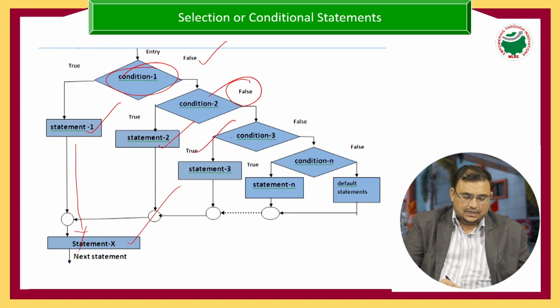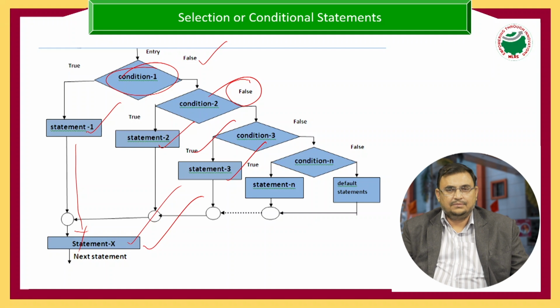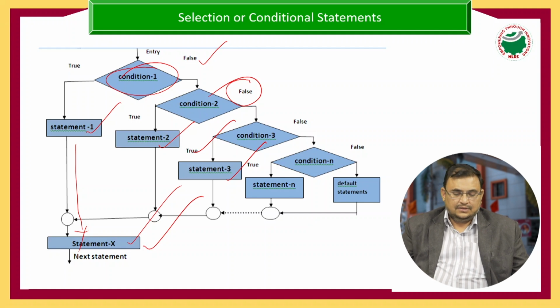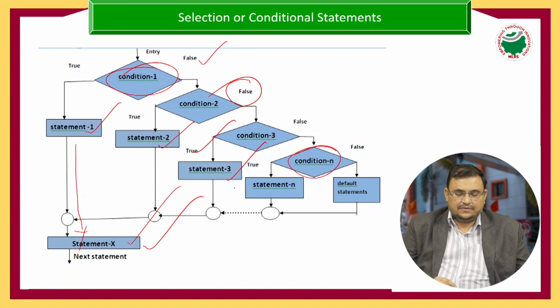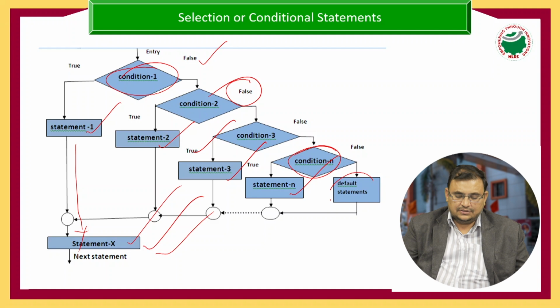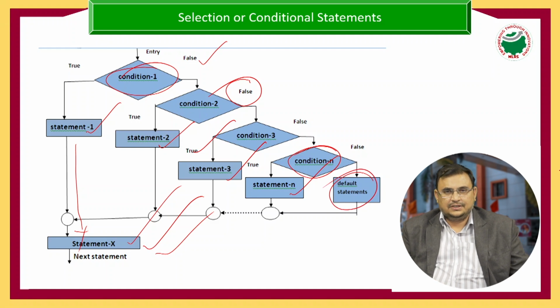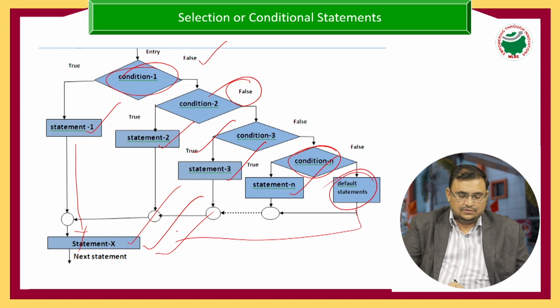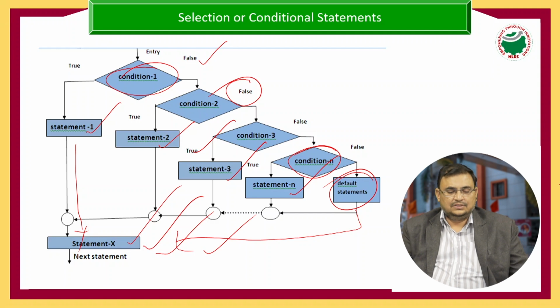If it is true, it executes statement 3, then control goes to statement X. Remaining cases are skipped. Like that, it will check n number of conditions. If the nth condition is true, it executes statement n and then goes to statement X. Assume all the conditions are false, then it will execute the default statement and then go to statement X. This is about the else if ladder.